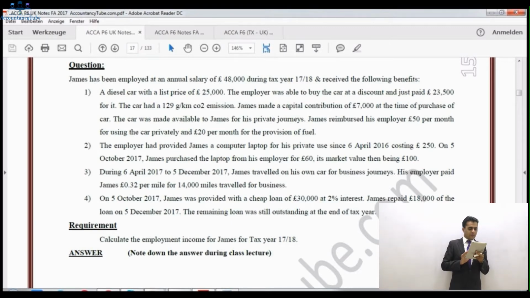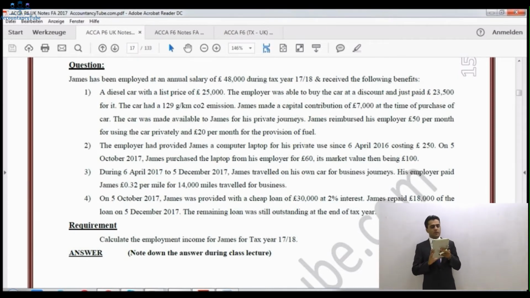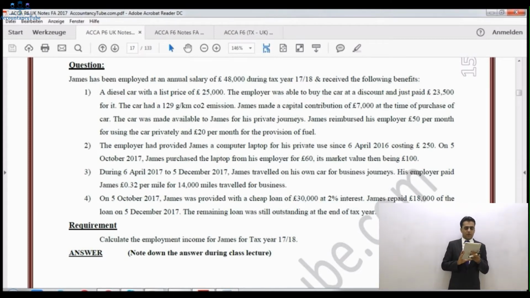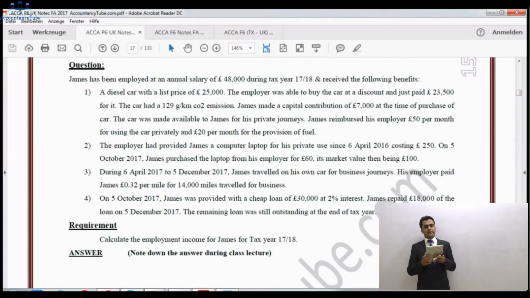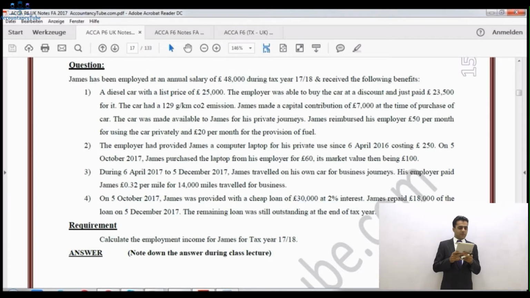Right. So after that, it says James was also provided number 3. During 6th of April 2017 to 5th of December 2017, James traveled in his own car for private use. So when James was traveling in his own car, his company was providing some benefit. His employer paid James 0.32 per mile for 14,000 miles traveled.